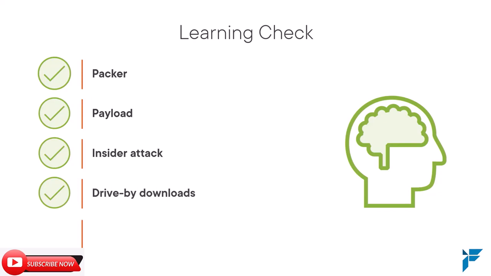And then we also talked about one of the techniques that we use to distribute malware on the internet. It's basically if I can get my link to appear first in Google. What do we call that? Yeah, that's black hat SEO. Okay. So again, if you struggled with any of these, make sure you go back and watch those clips. Make sure that they get solidified in our brain.